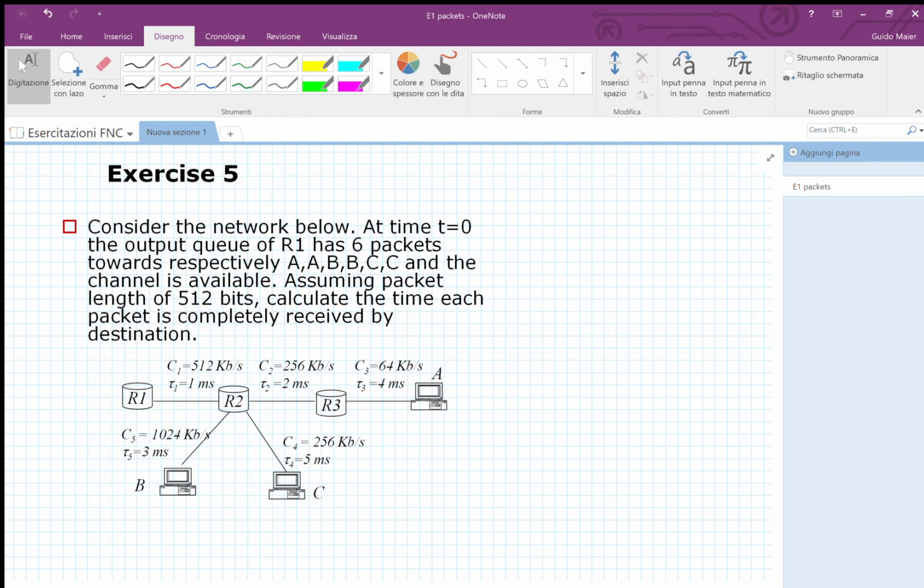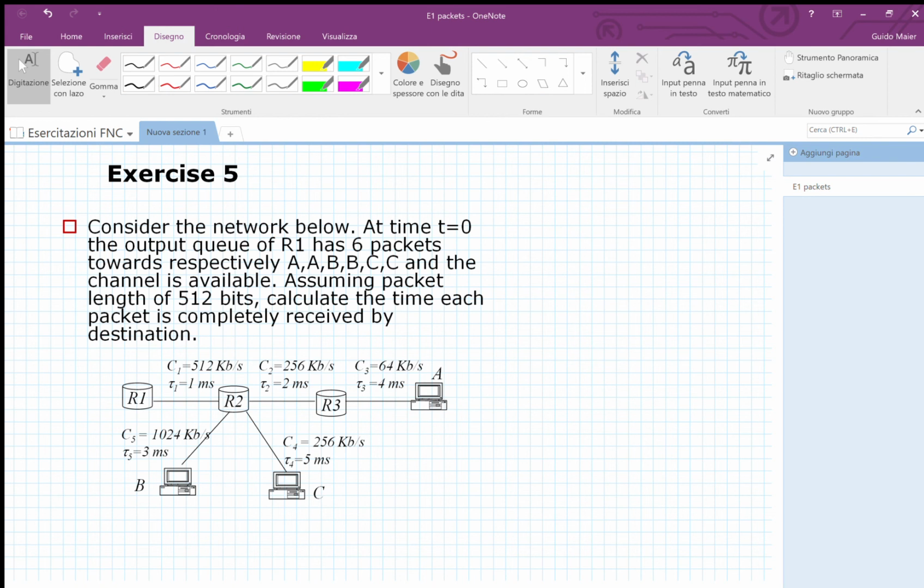So you have the transmitting source node, which is R1, and it is sending 6 packets, and there are 3 destinations, A, B, and C. The first 2 are going to A, the other 2 are going to B, and the final 2 are going to C. Okay? The ones that are going to A are taking 3 hops.